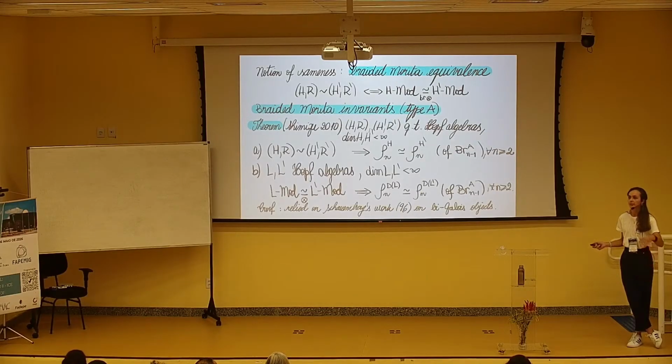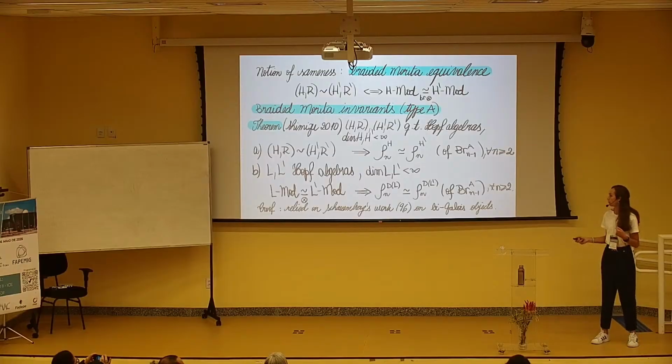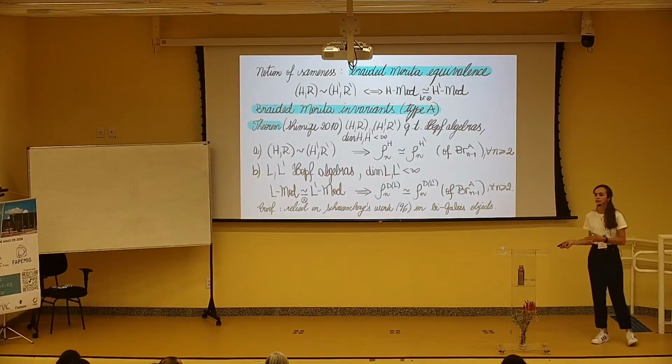But the technique uses these fancy guys, the bi-Galois objects. So you know exactly the shape of the functor, but they are not very easy to compute.